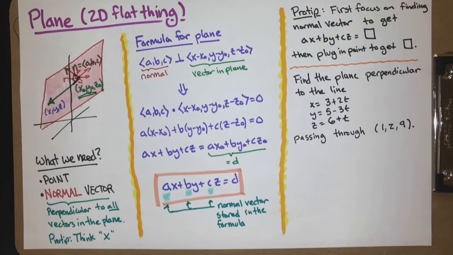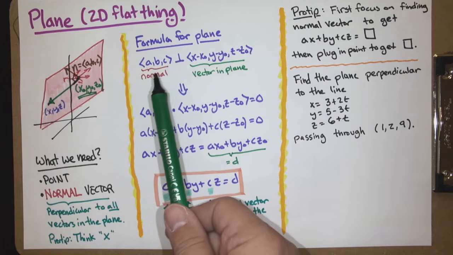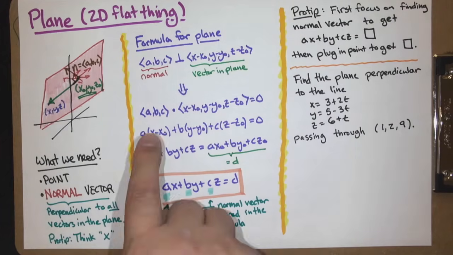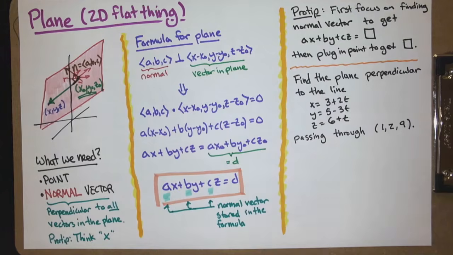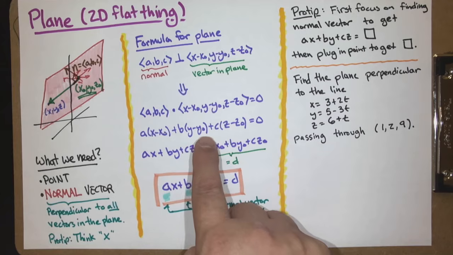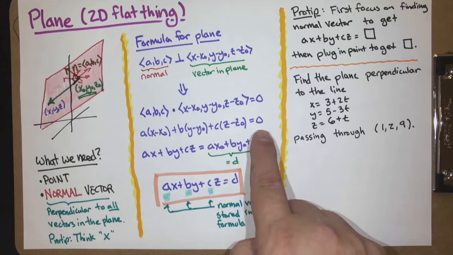That vector is in the plane. What's true about a normal vector compared to a vector in the plane? Dot product is 0 because they're perpendicular. So we take their dot product and set it equal to 0, and you get a times x minus x naught plus b times y minus y naught plus c times z minus z naught equals 0.